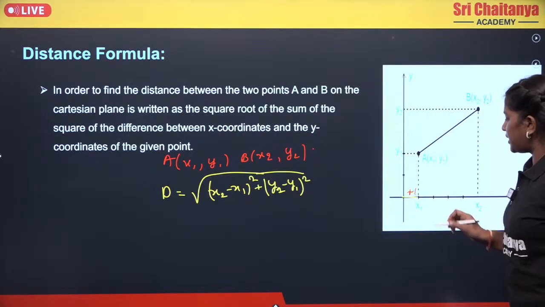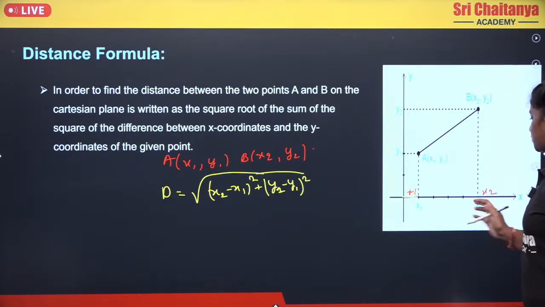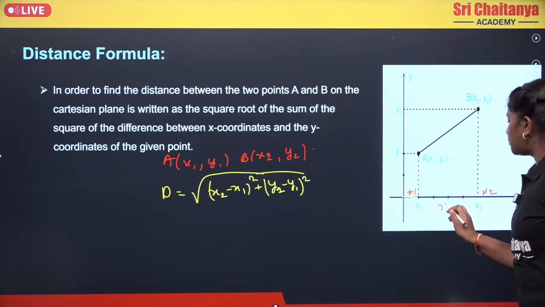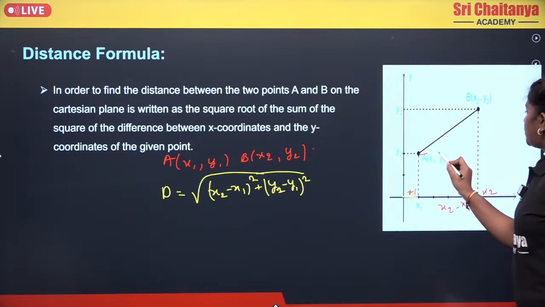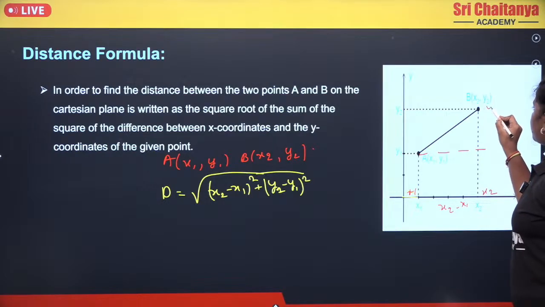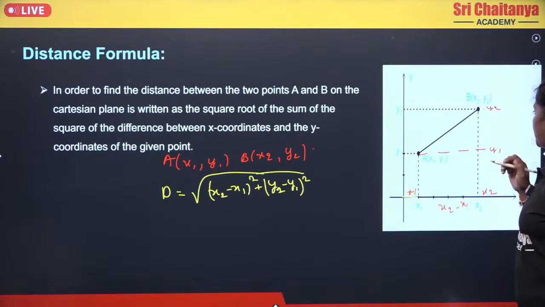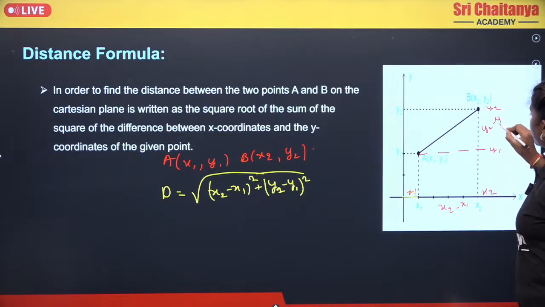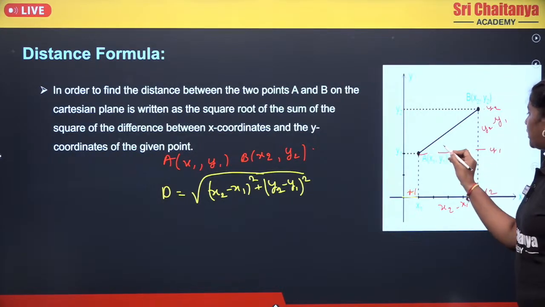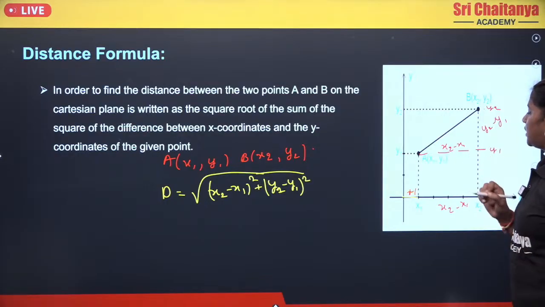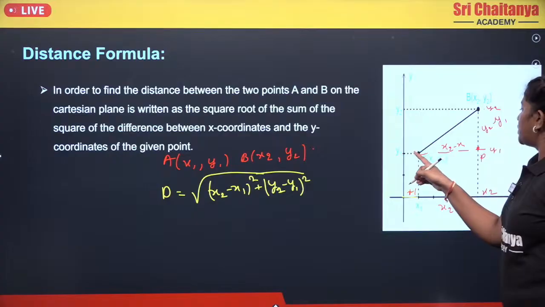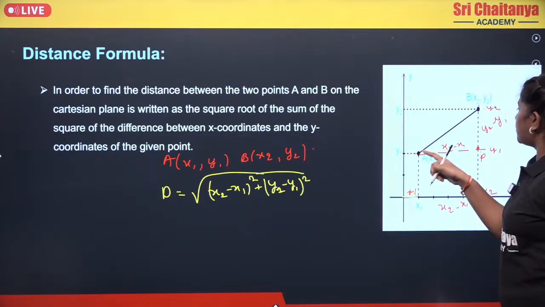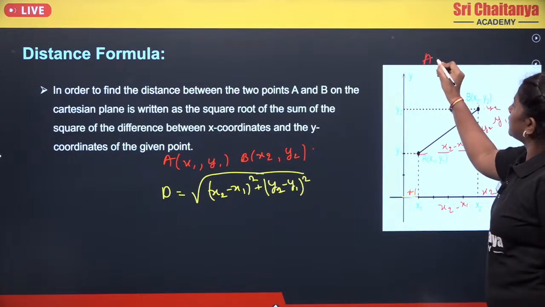So here it will be your x1 and here it will be your x2. How can you get this value? You will get x2 minus x1. Okay. Now if you just join this, here it will be your y2 and here your y1. So how can you get this value? It will be y2 minus y1. Now apply the Pythagoras theorem. If I take this as my point P, then AP square plus BP square equals AB square.